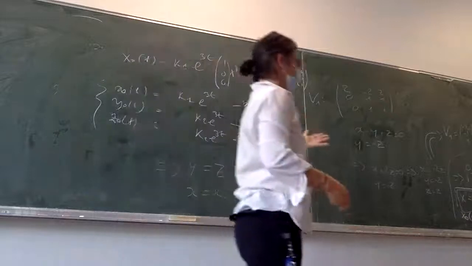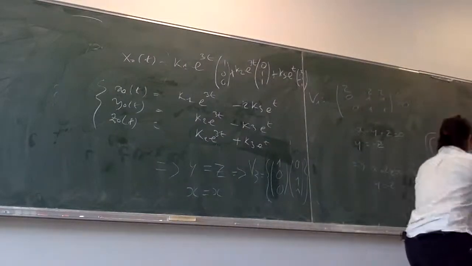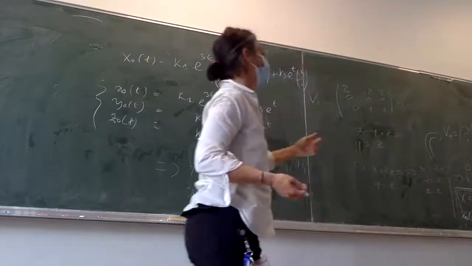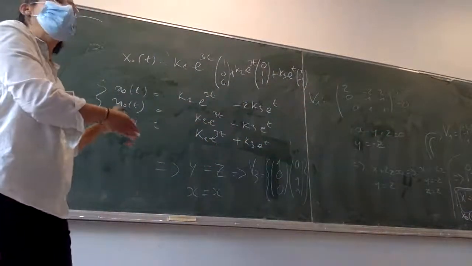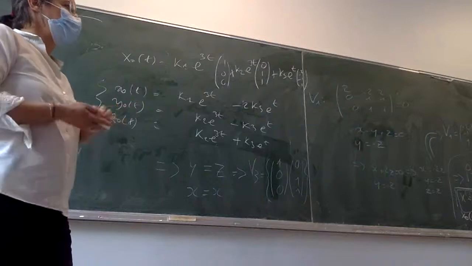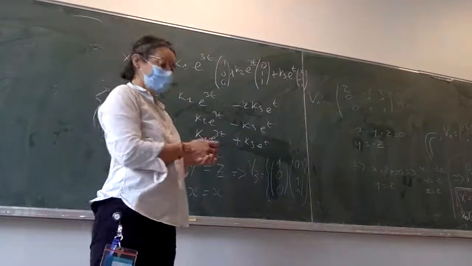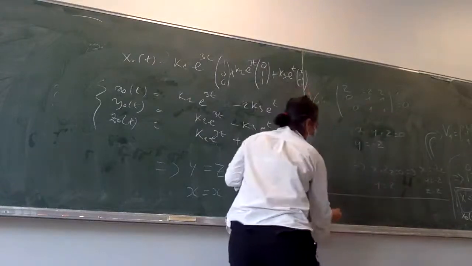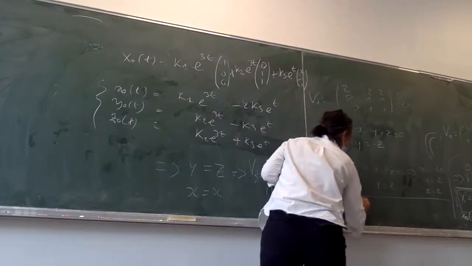But now it's a bit more complicated because we have this non-homogeneous part, so we have to deal with it, and for that, we need to compute P minus 1. Why are we doing P minus 1?